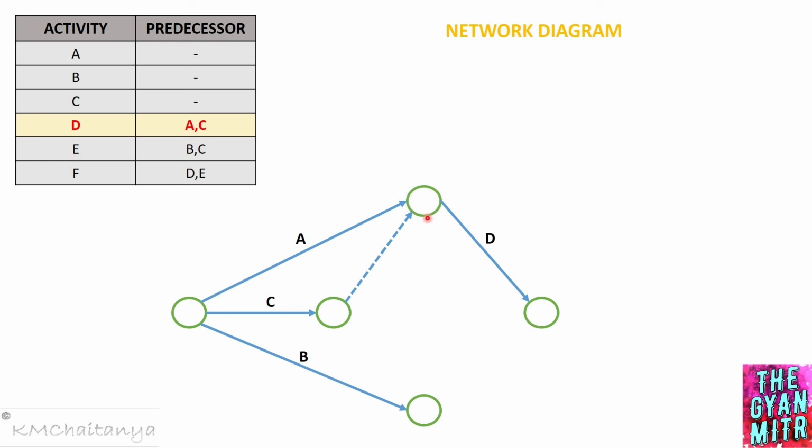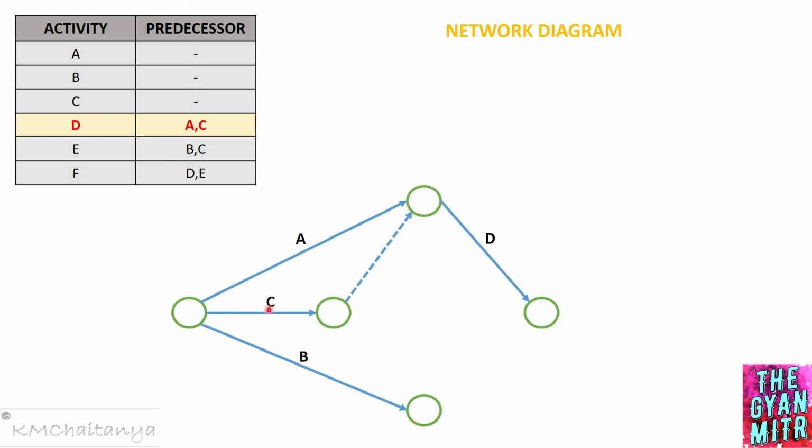So you can just look into the previous example where I have explained regarding this, right? So in order to avoid that, I'll be adding a dummy activity to this node.